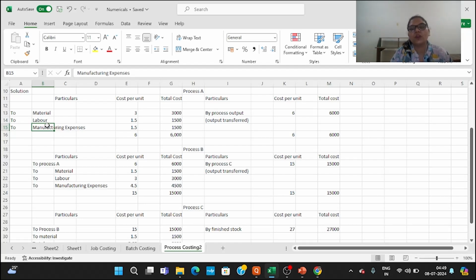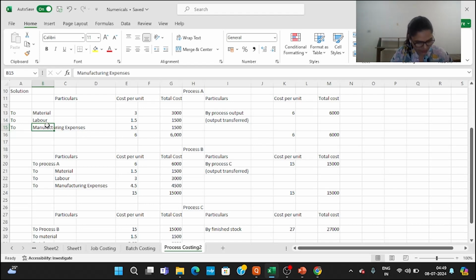Similarly, if there is abnormal gain, it is shown on the debit side of the process account. What is the abnormal gain? If in any process the actual production is more than the normal production, then the excess production over normal production is termed abnormal gain, and it is shown on the debit side of the process account.